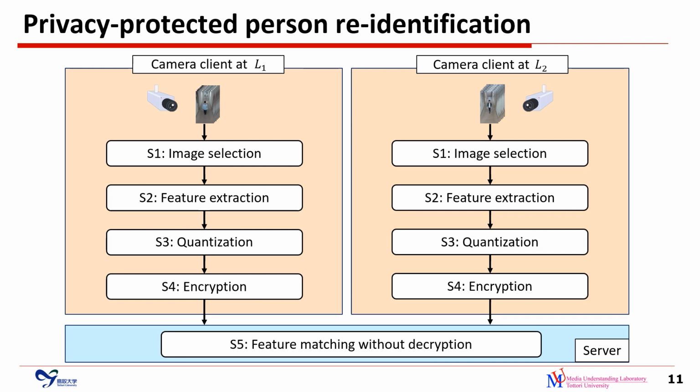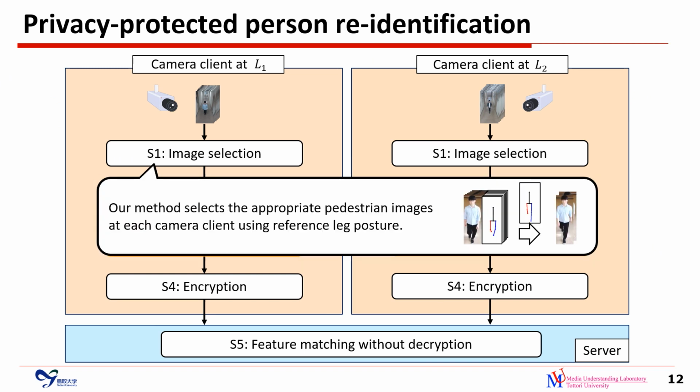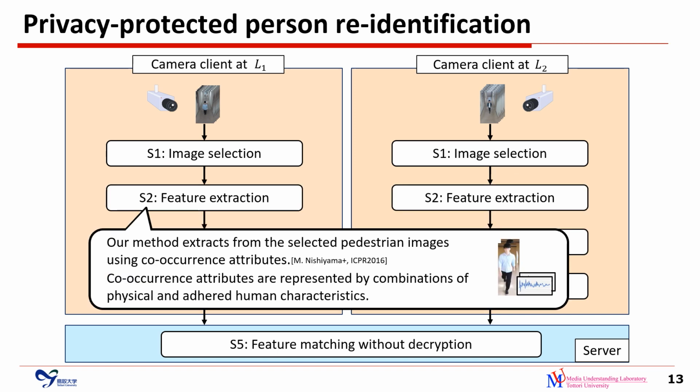This is an overview of privacy-protected person identification. In step 1, our method selects the appropriate pedestrian images at each camera client using reference leg posture. In step 2, our method extracts features from the selected pedestrian images using co-occurrence attributes.